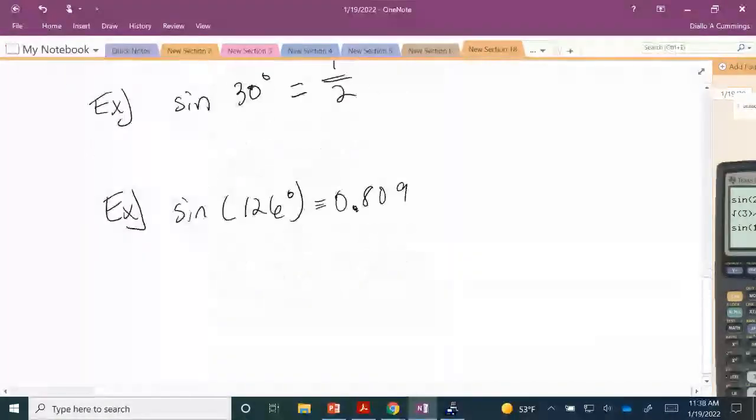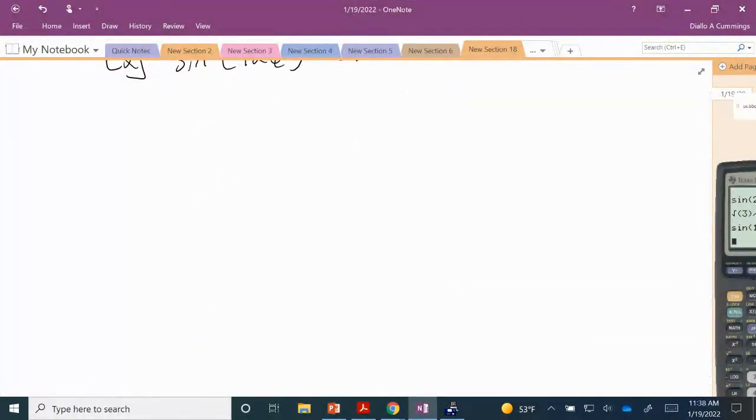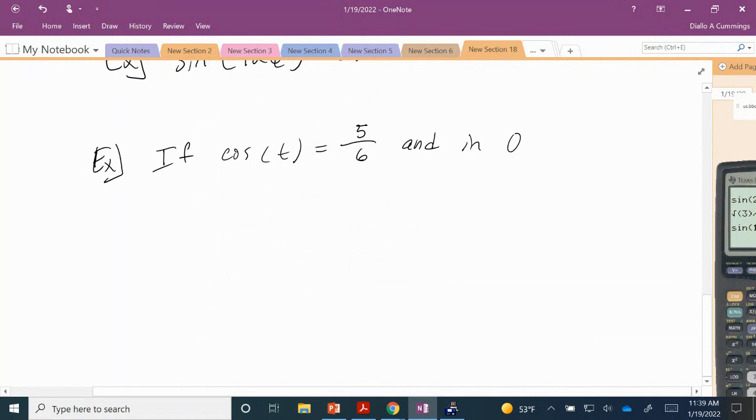So with that in mind, I pose the following question. If the cosine of t is equal to 5 over 6, and t is in quadrant 4, find the sine value.